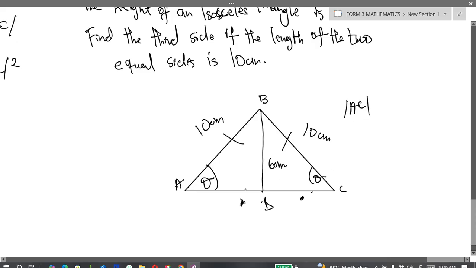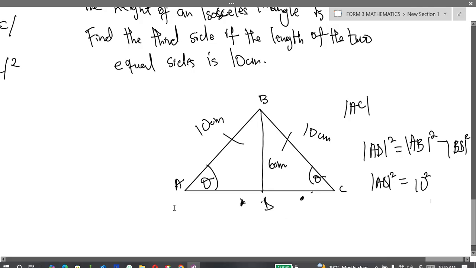First of all, we have to find AD. AD squared will be equal to AB squared minus BD squared. What's AB? 10 squared. 10 squared is 100.